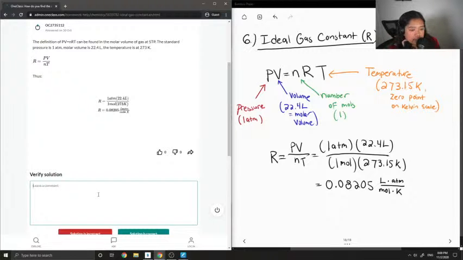Another thing you want to be careful with when using the ideal gas constant is that it can be given in different units. So it can also be 8.314 depending on the units they give you, but this is the most widely used R value.